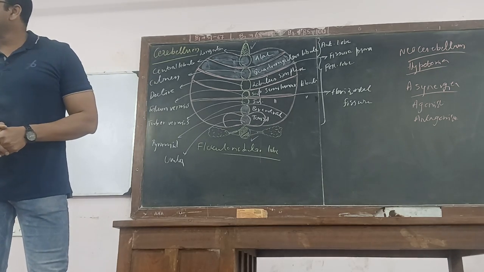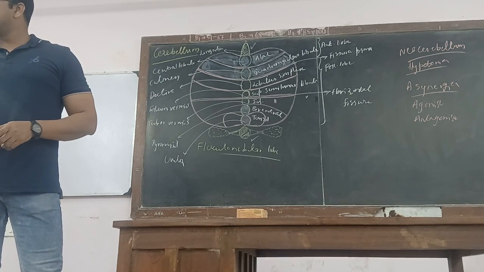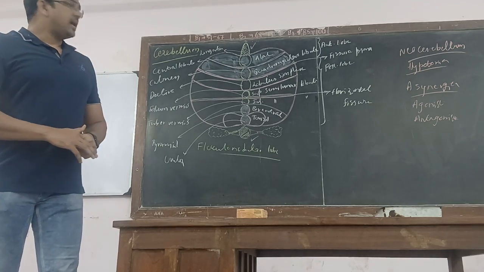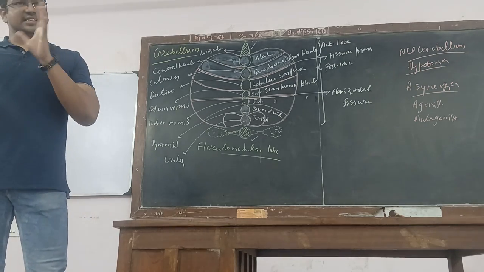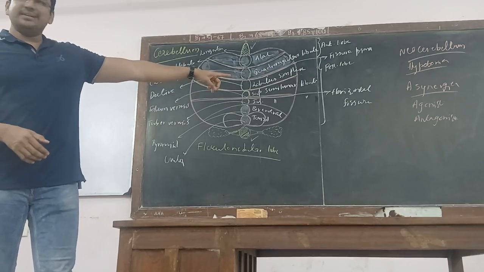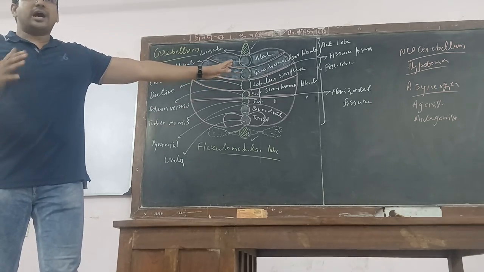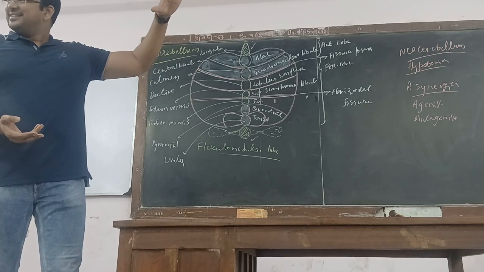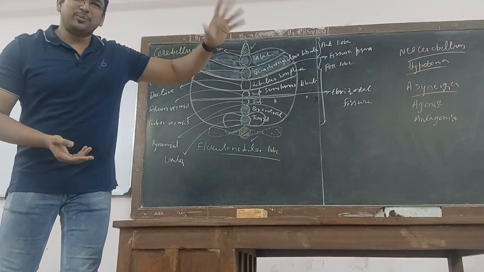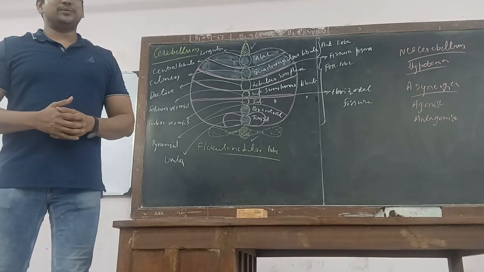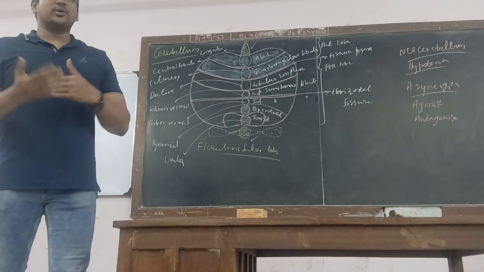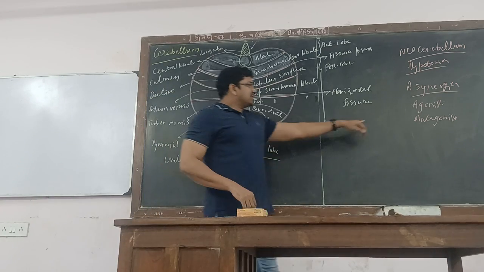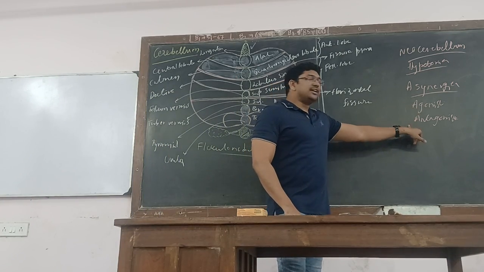Agonistic means who support each other. Antagonistic means opposite. So I will be agonistic in the class and antagonistic in private. Very good. Very nice.